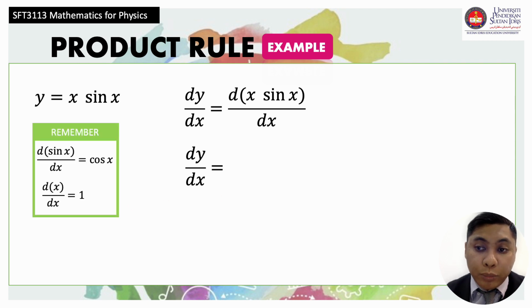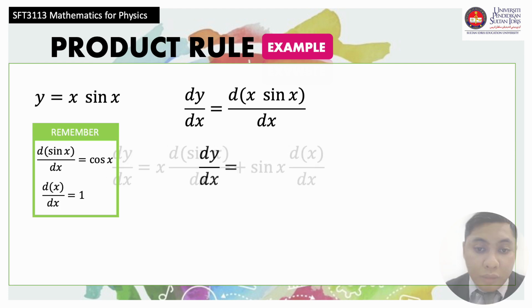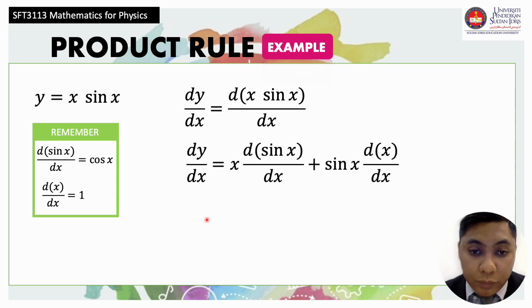So how are we going to put it together? According to the product rule, x times d(sine x)/dx, which is u dv/dx, then we differentiate x, dx/dx. So we get x with sine x here, which we are not going to differentiate.